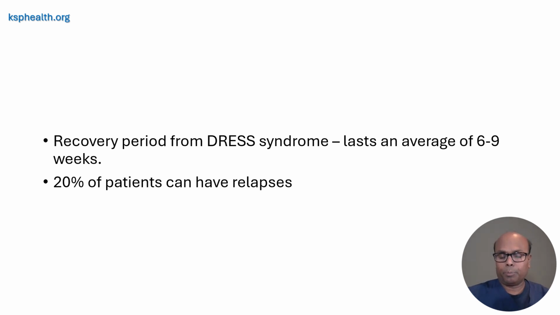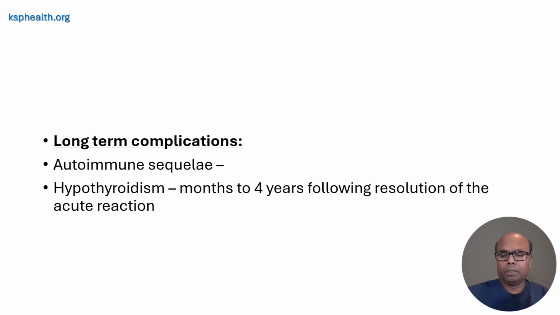20% of the patients, that means 1 in 5, can have relapses. One should also monitor for long-term complications such as hypothyroidism, which can occur months or even 4 years following the resolution of the acute reaction.